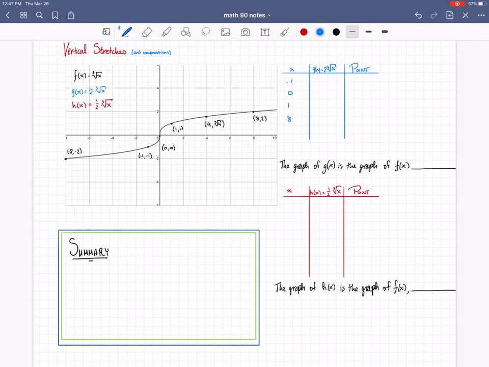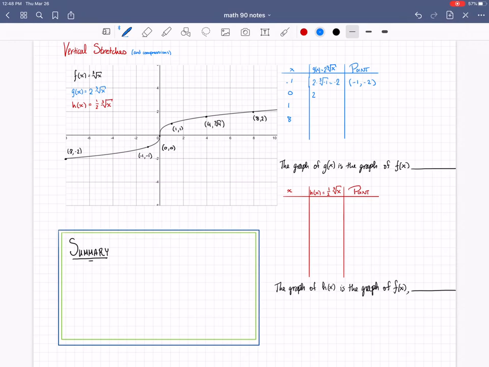All right, so if x is -1, g of x is 2 times the cube root of -1, which is 2 times -1. Oops, I accidentally put a little negative there, so let's erase that. Start over. Okay, so this is 2 times the cube root of -1, which is 2 times -1, that's -2. So the point there is -1, -2.